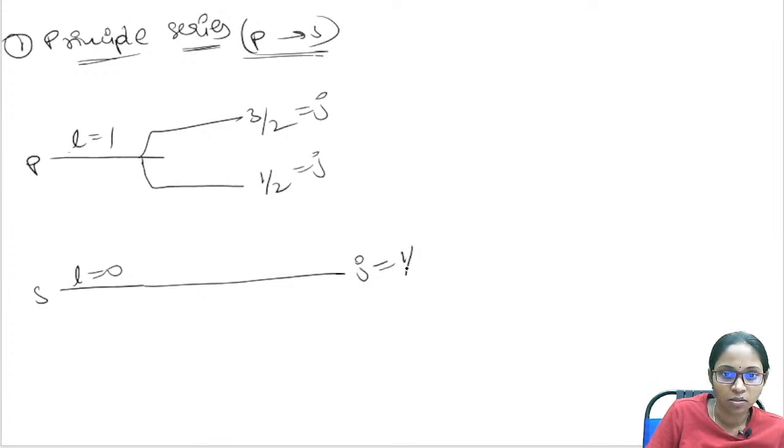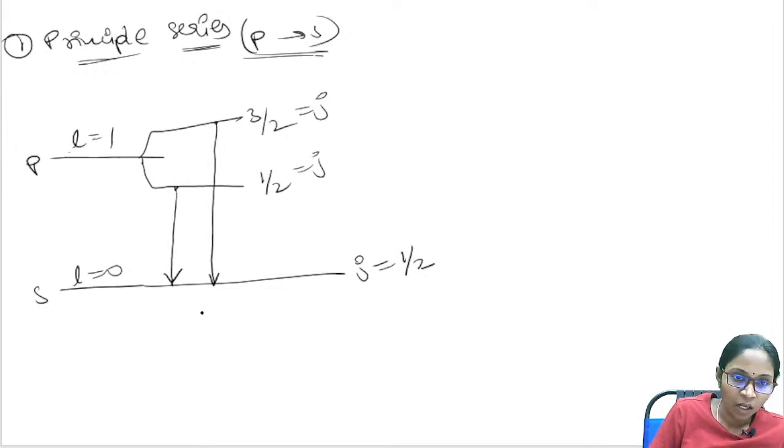Write the J value. The electron transition is taking place from this P1 by 2 orbit to S1 by 2 orbit, and P3 by 2 orbit to S1 by 2 orbit. Okay, let's check the selection rules.